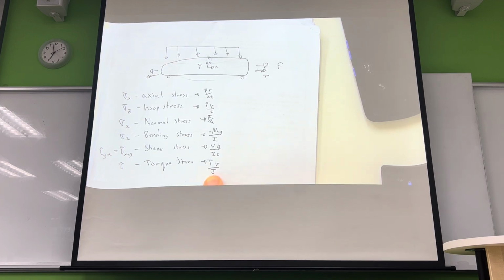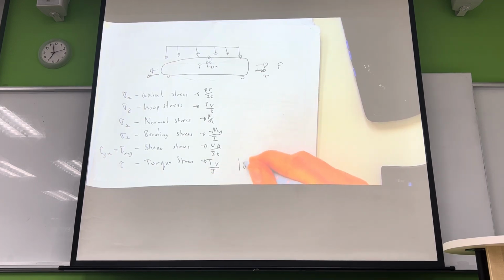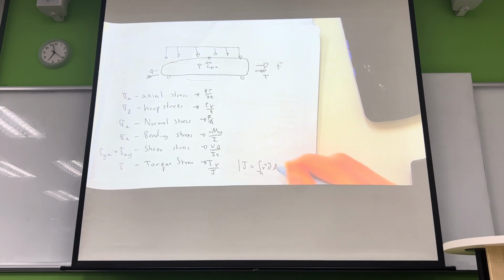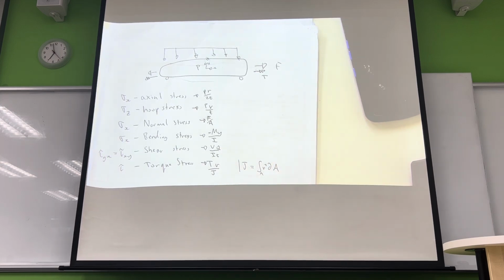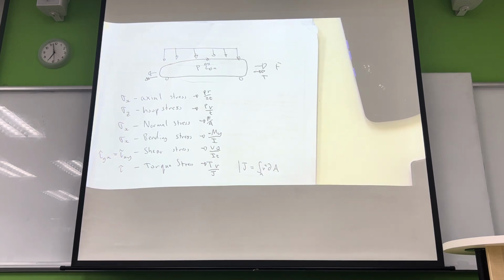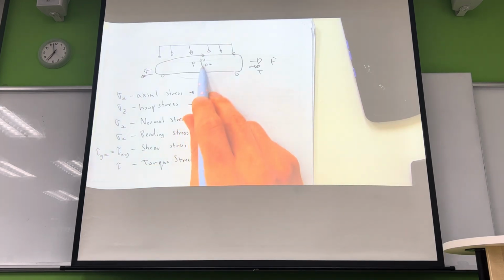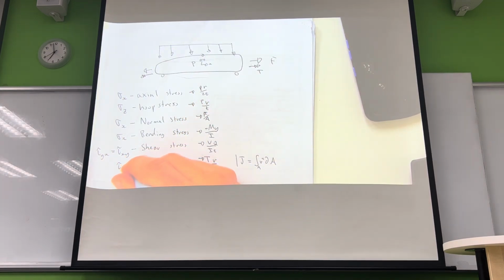This J is still the area integral, but it's the radius squared, so the distance from the center to any point. But you don't need to remember, just look at the formulas in the tables. But it's good to know where it comes from. So that's that. And for that particular point, that would be XZ.